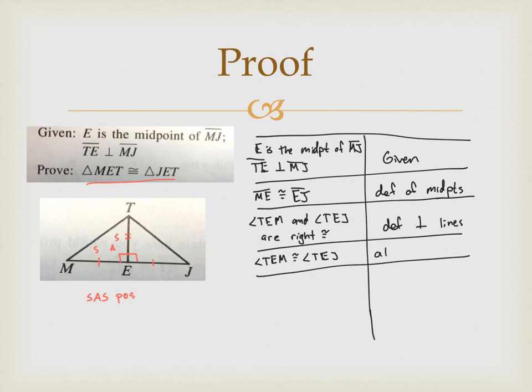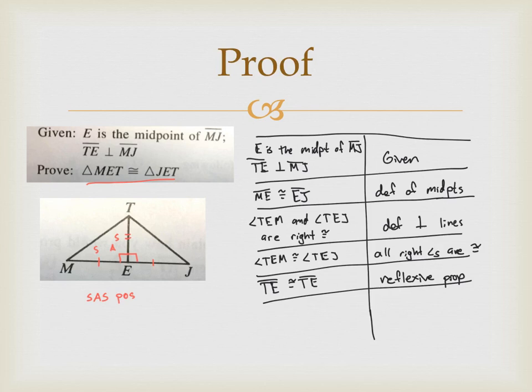Because all right angles are congruent. And then last but not least, I know that TE is congruent to itself because of the reflexive property. Now I have all of my pieces.